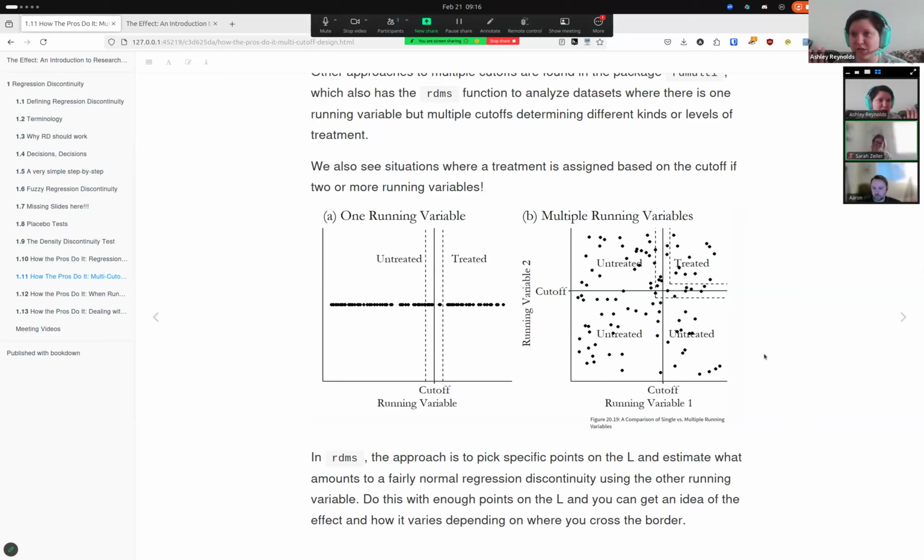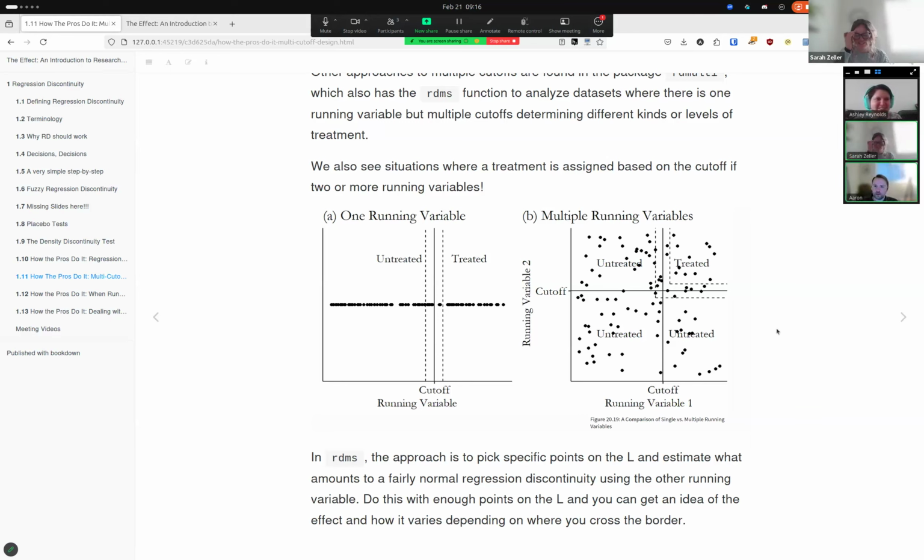I did not have time to actually dig into what's happening here, so I don't know the specifics of it. But essentially, for now, it's magic, and it does it. I don't know if anybody else has looked into RDMS. I have not. I didn't get that far.